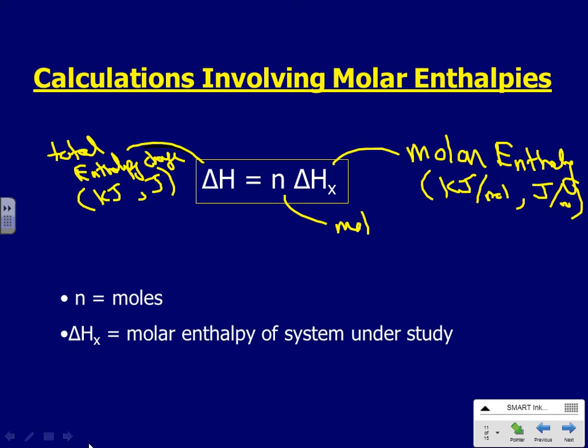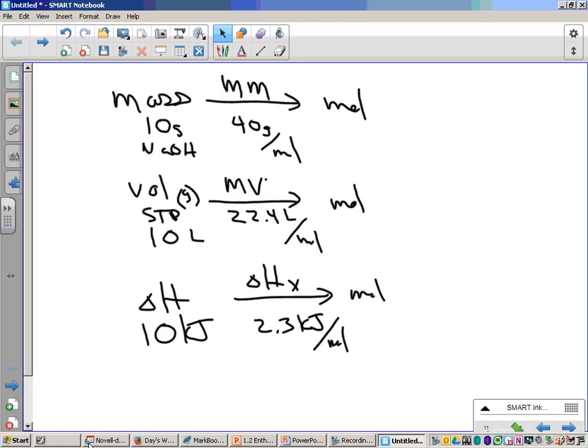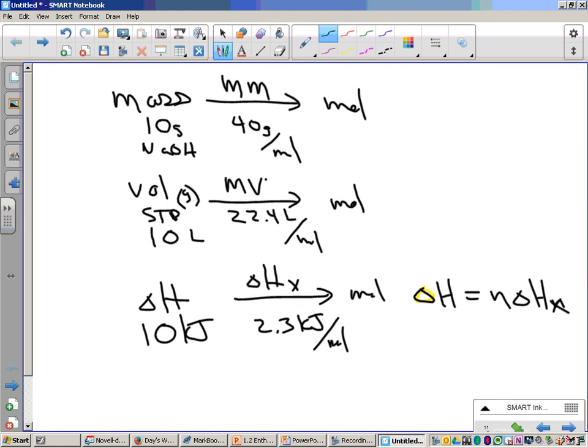Now, in the previous courses, we used everything as conversion factors, but you could write down equations for all of these, right? So in this case, delta H is equal to N times the molar enthalpy, delta HX.